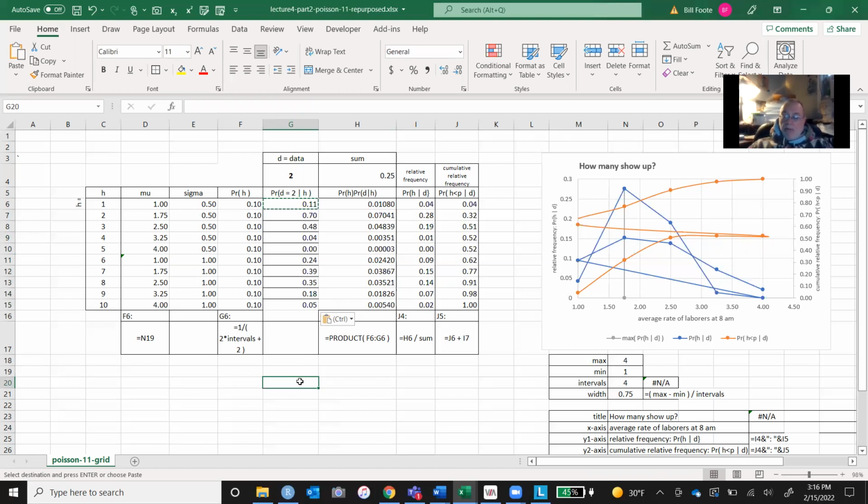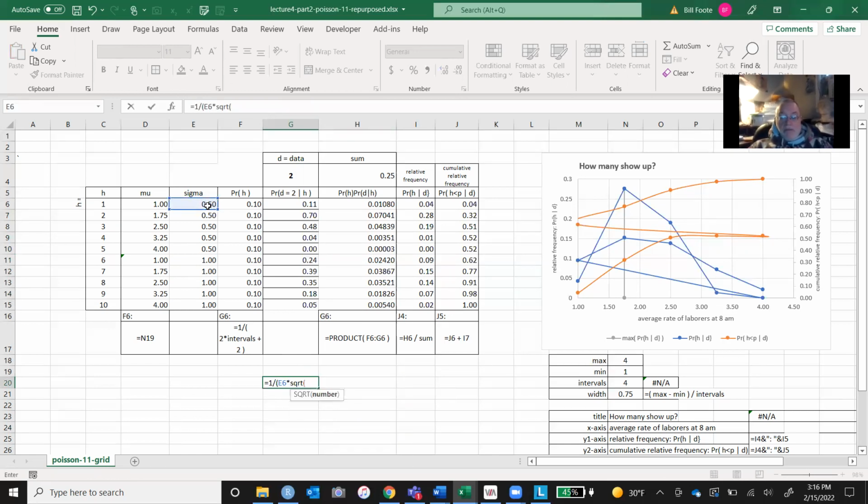We should have a normal distribution that looks like this. 1 equals 1 over 1 divided by, open parentheses, the sigma times the square root of 2 times pi, the Greek letter pi, 22/7 in the classical frameworks of ratio of perimeter to radius.